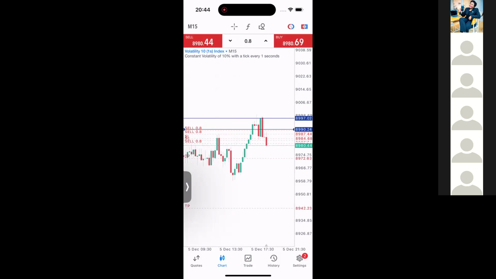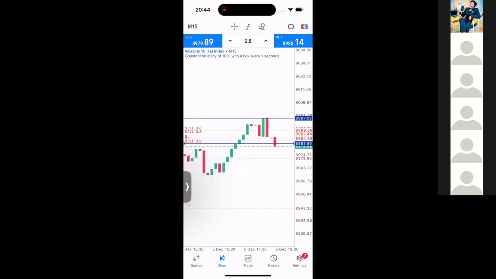So in that case, if TP1 is hit and I'm heading for TP2, now I will just set my trade stop above TP1. Maybe let's assume this 8981 was my TP1.